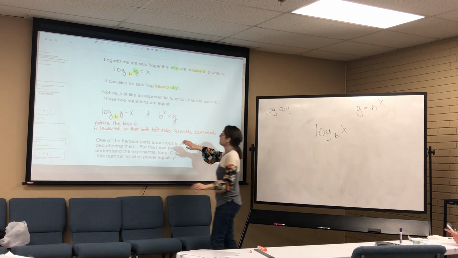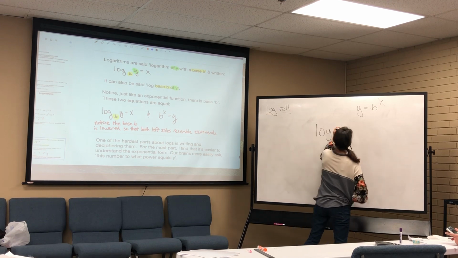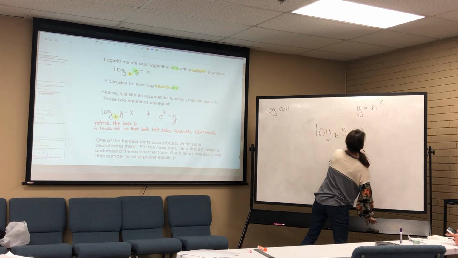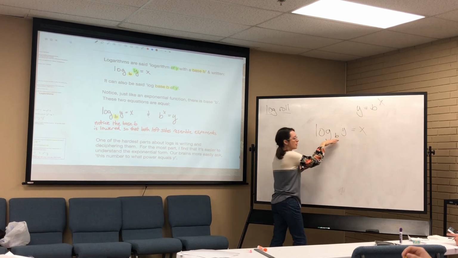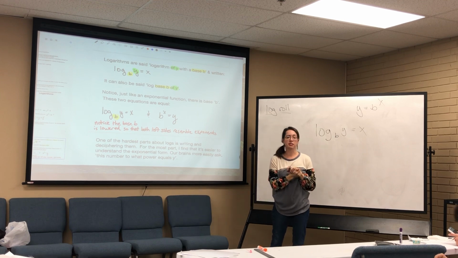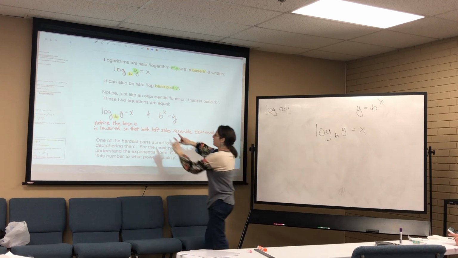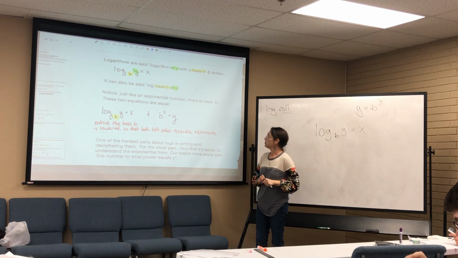Do we see that? In this one we have a base with a superscript, in this one we have a subscript. Our base stays in the same place. The base stays at the beginning, both times, right?